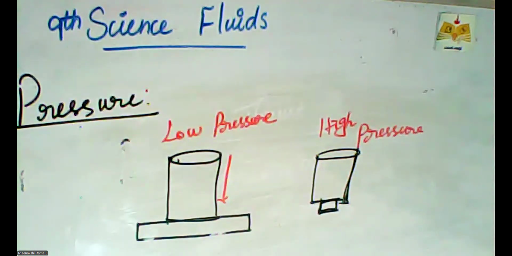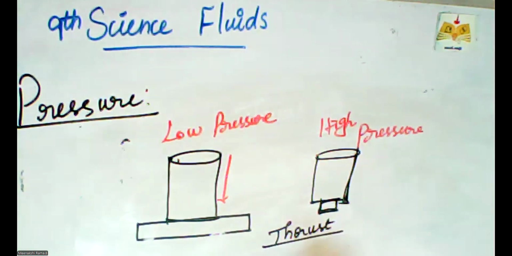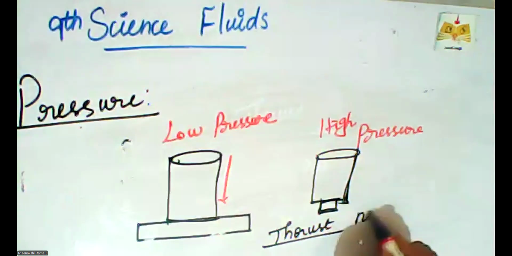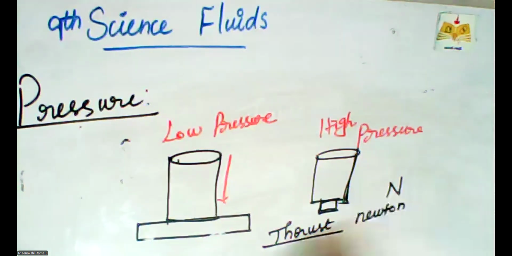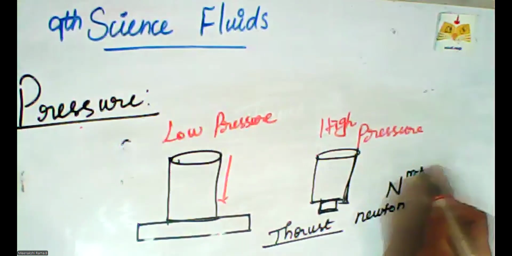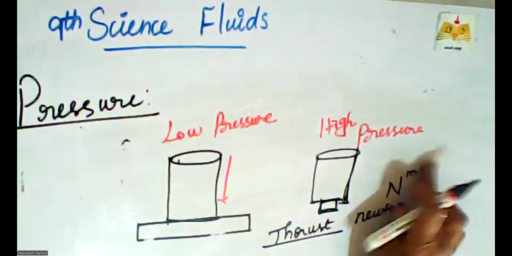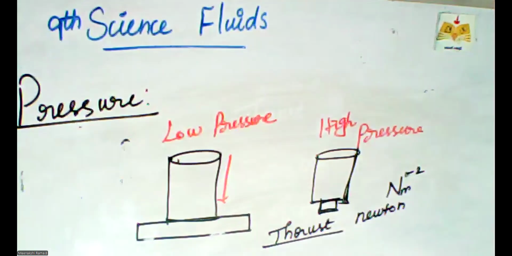The SI unit of thrust is Newton, with the symbol N. The unit of pressure is Newton per square meter, that is N m^-2. One Newton per square meter is called one Pascal.